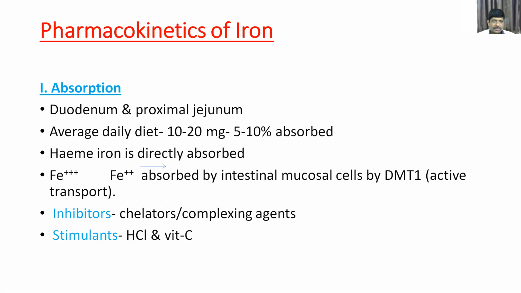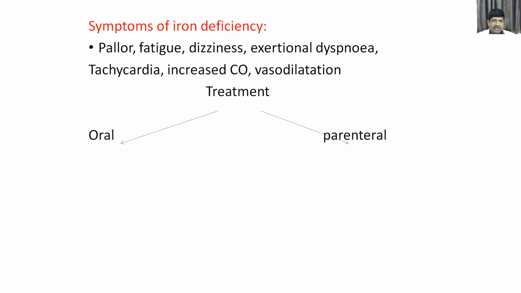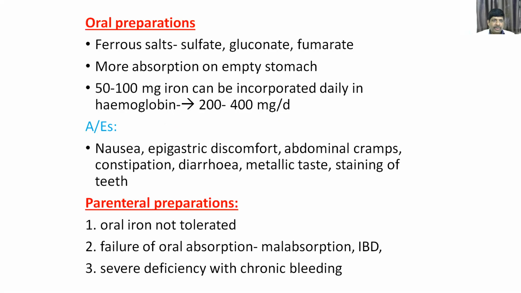Then coming to the blood chapter, iron storage, there is nothing much. Iron preparations will be kept, and which form of iron is present, which form of iron is most easily absorbed. Those types of questions can be asked. Oral preparation examples: sulfate, gluconate, fumarate.